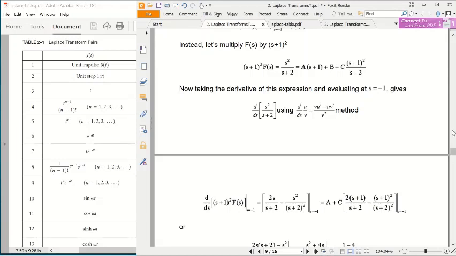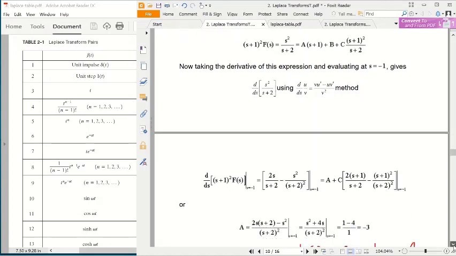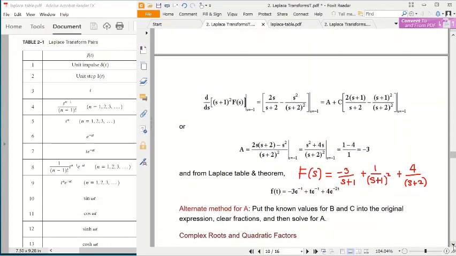Why minus 1? Because we're still talking about the repeated root at s equal to minus 1 here. So set s equal to minus 1 here and here, and then you are ready to calculate for a. Of course, for c, you substitute the c that you have calculated before, so you are left with only the unknown a.